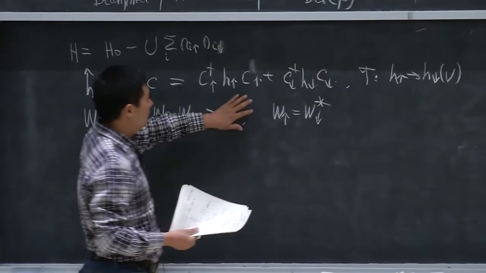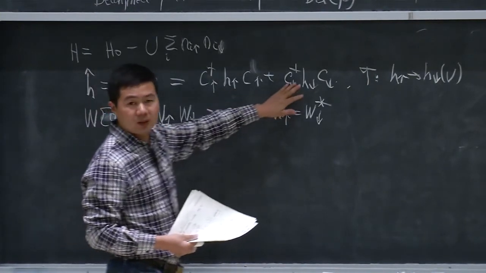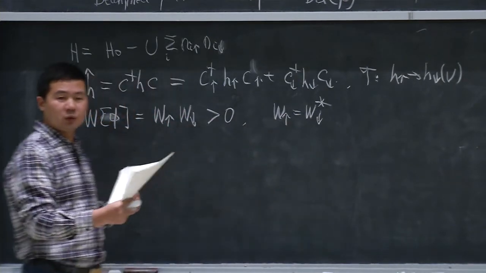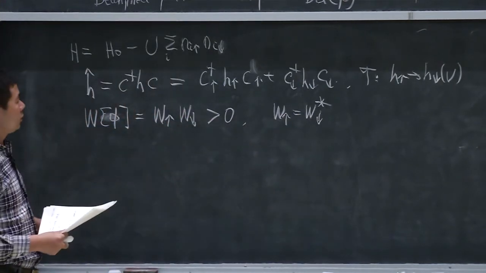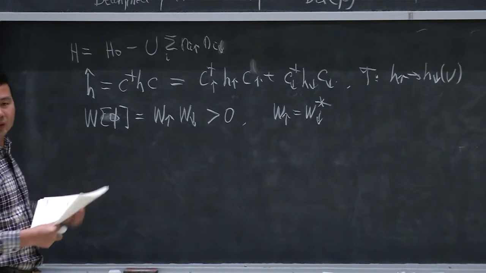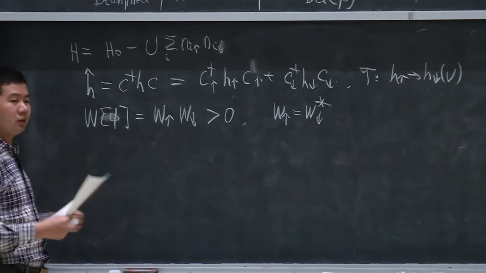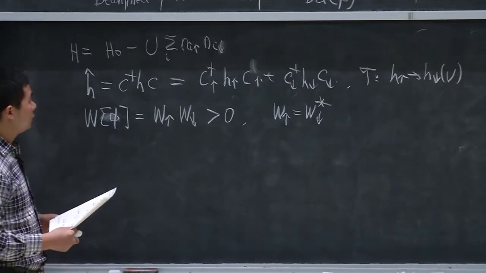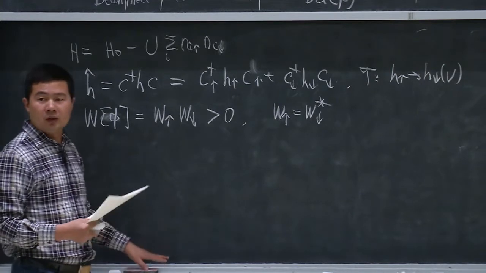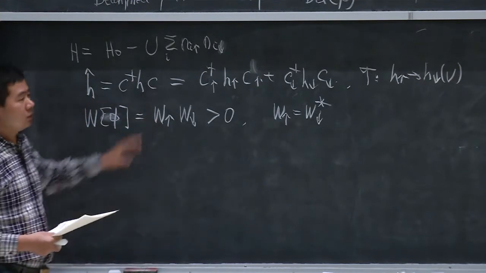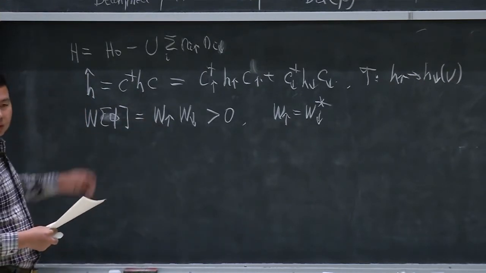Second, it has a spin-up part and a spin-down part. There's some relation between the two parts, or in general, we can have an even number of species with some internal relation between these fermions such that we can prove it's sign problem free.